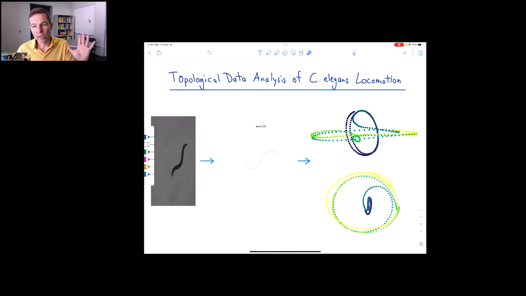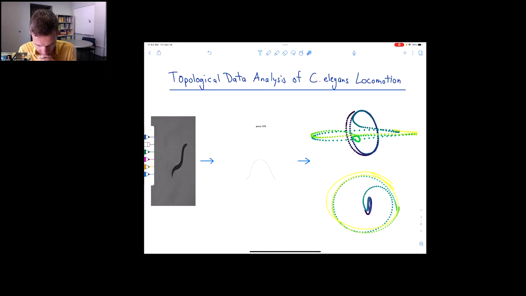All right, so starting with the video, we produced this sequence or time series of piecewise linear curves. We have something like 20 frames a second or so.